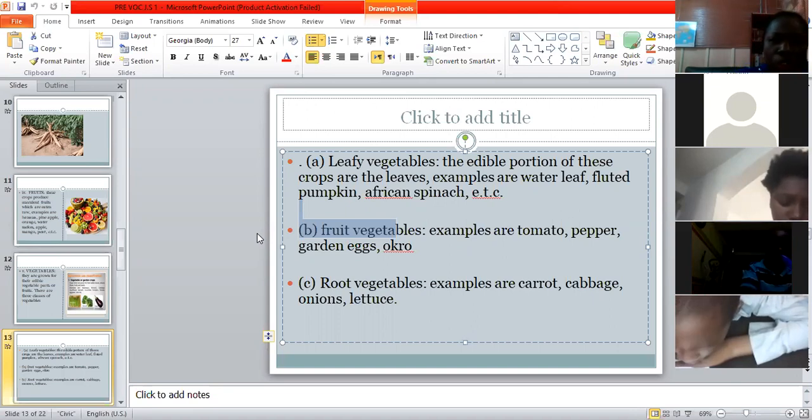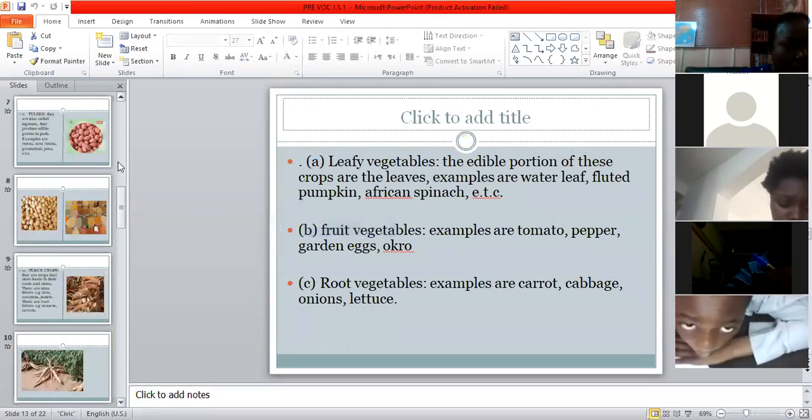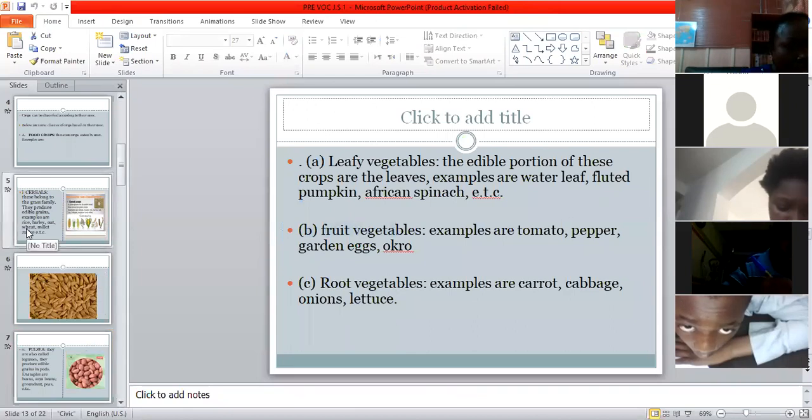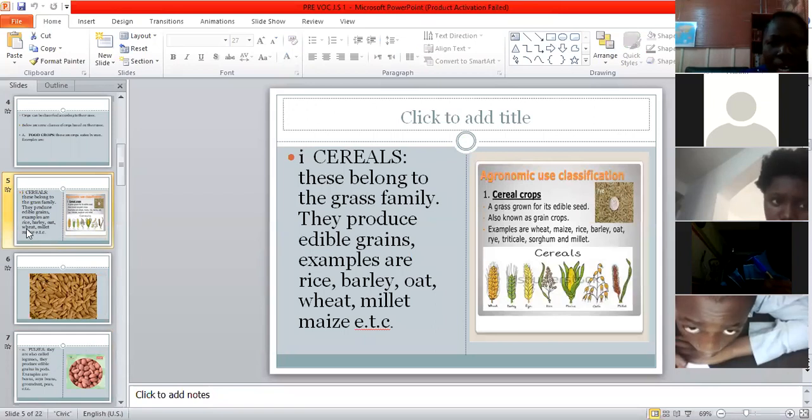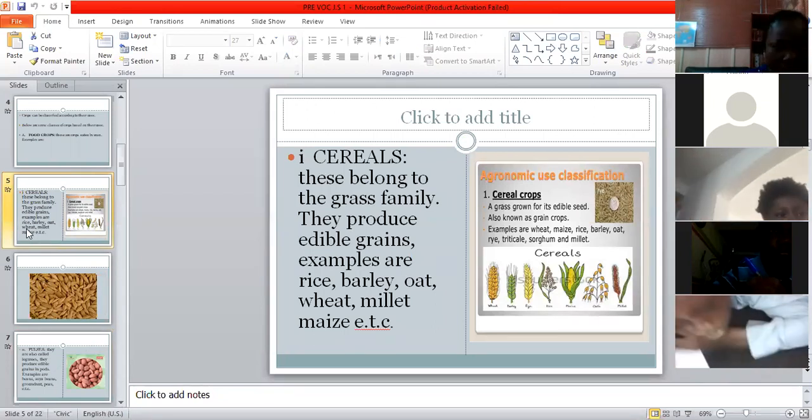So for food crops, we have 5 examples. So let me reiterate. The first example of food crop is the cereals, which I told you earlier on that belong to the grass family, and they produce edible grains.